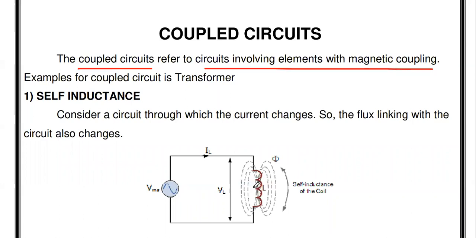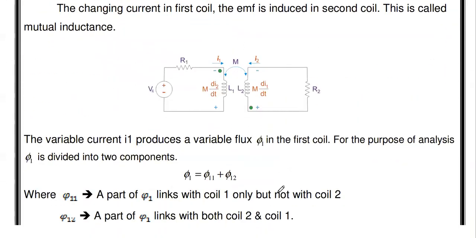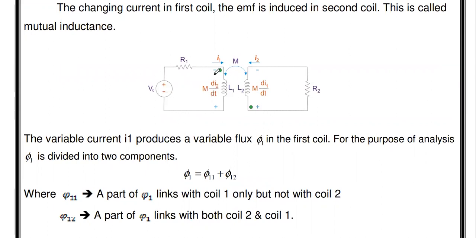For example, if the circuit consists of two inductors that are closely placed, you see like that. This circuit consists of one inductor L1 and resistor R1, and the second circuit consists of one inductor and resistor R2, and these two inductors are closely placed.